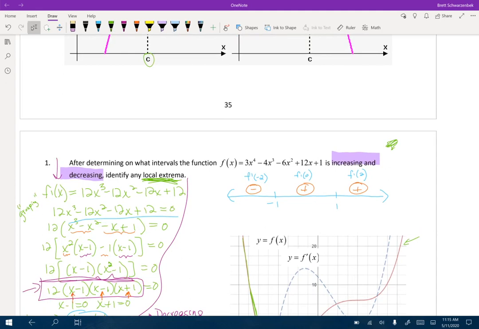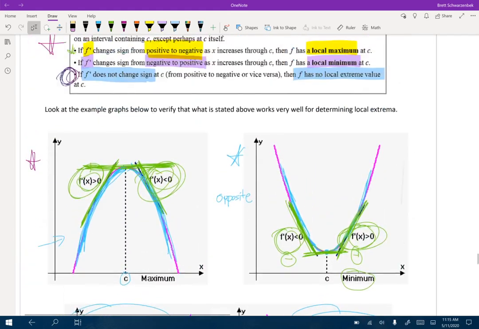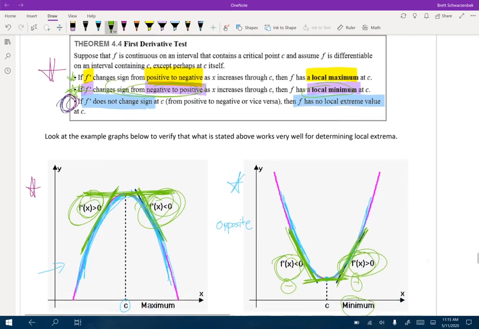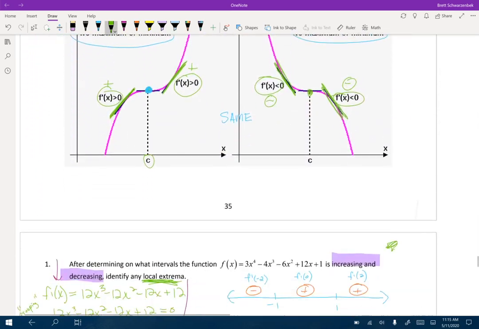But we have to determine what type of local extreme point, maximum or minimum. If we go from negative to positive, then that is this one right here, which means we have a local minimum. But do we really have to always go back and memorize that? Not really, and I'll show you why.